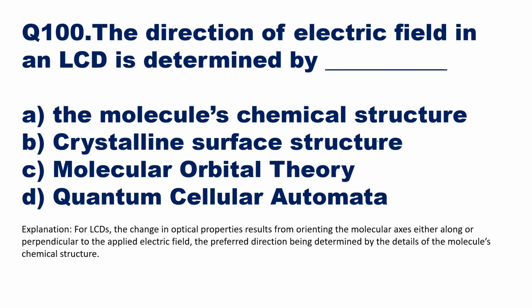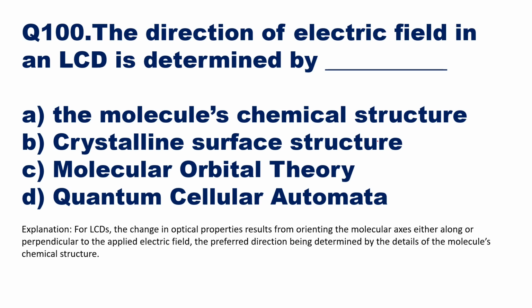The direction of electric field in an LCD is determined by what? How does the direction of the electric field vary, and what does it depend on? Options are the molecular chemical structure, option B is a crystalline surface structure, option C is molecular orbital theory, and option D is quantum cellular automata. The first one, the molecular chemical structure, is important.